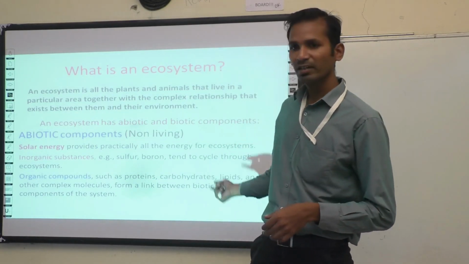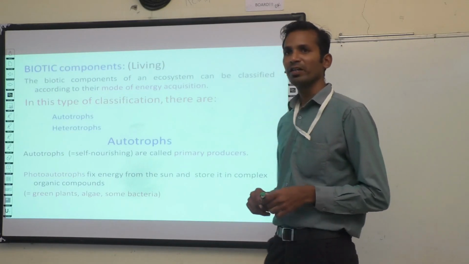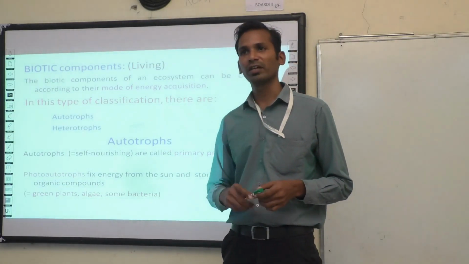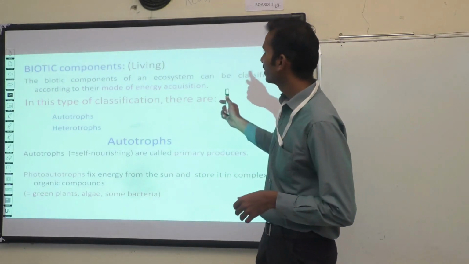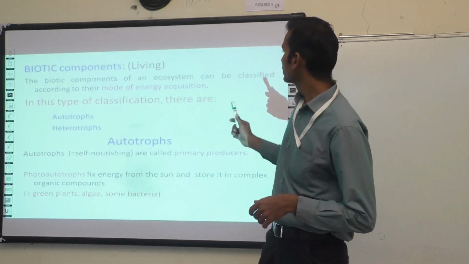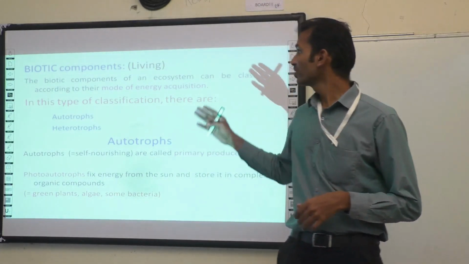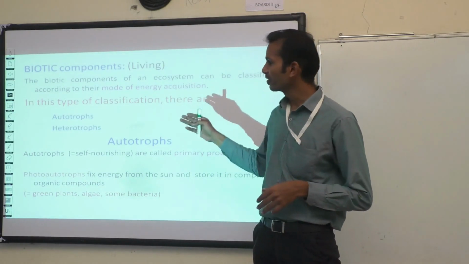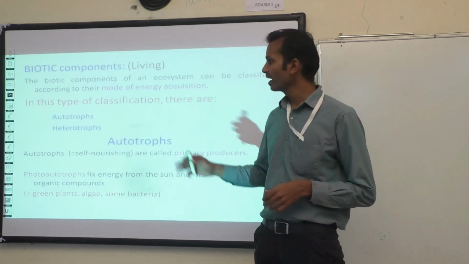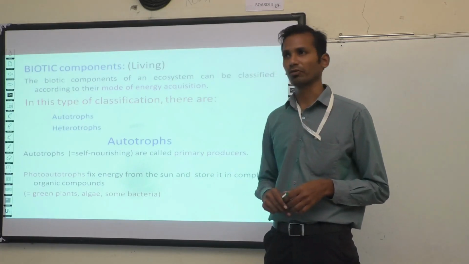So next one is biotic component. Abiotic means non-living things, so here biotic means living components. The biotic component of an ecosystem can be classified based on the mode of energy acquisition. It can be classified into several types. Here the major classification is autotrophs and heterotrophs.